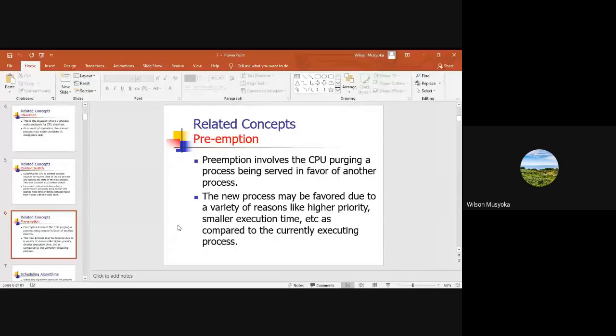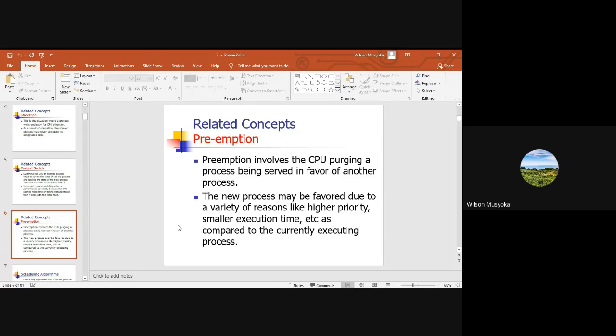And preemption, whereby a CPU is going to remove or purge a process if it is running in favor of another process. That what we were talking about, swapping in and out of the processor, is what we are calling preemption. During processing, some process which has a higher priority may come.